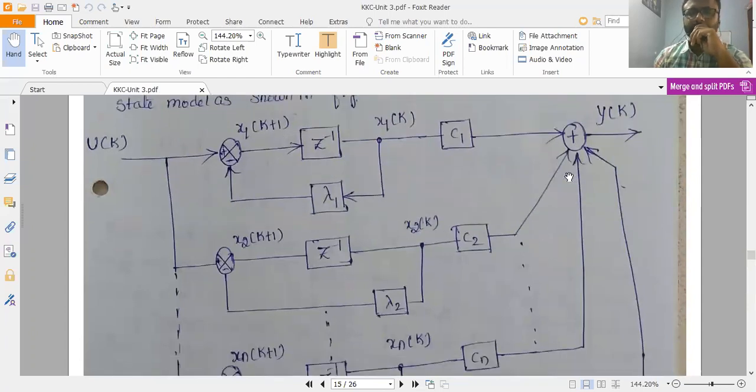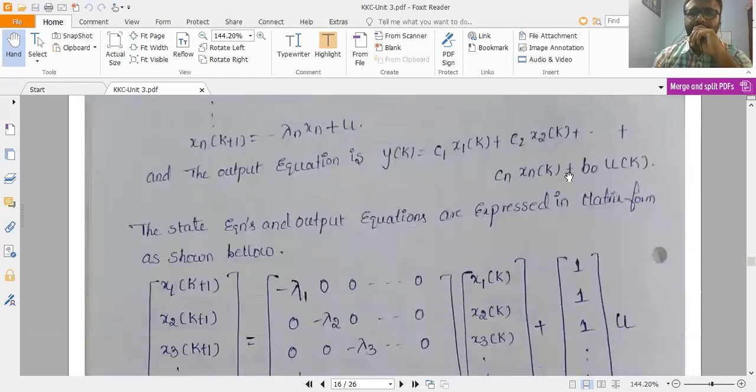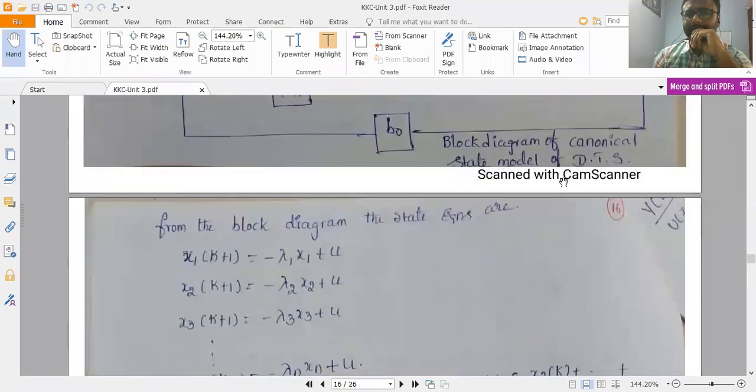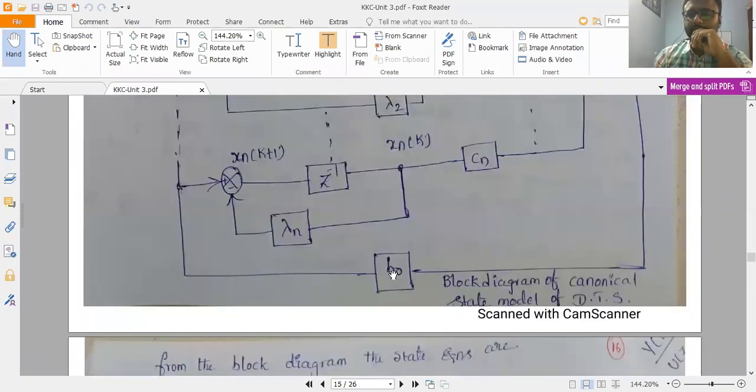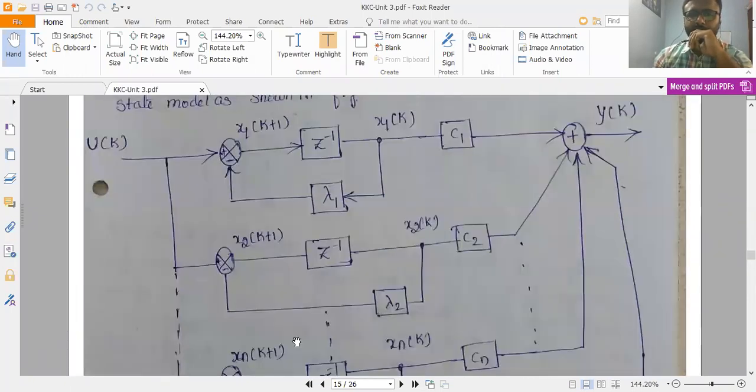Therefore y of k is c1 into x1 of k plus c2 into x2 of k plus c3 into x3 of k, and so on up to cn into xn of k, plus the last term, b naught. b naught is multiplied with u of k, and it is connected to the summing position.